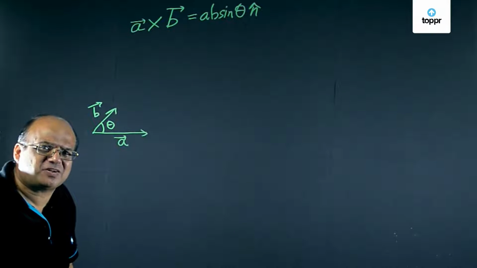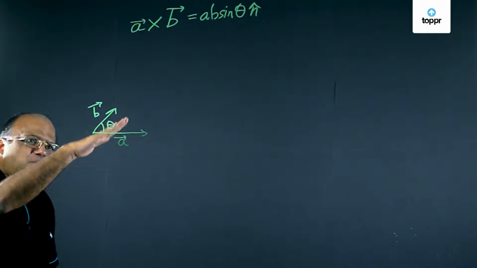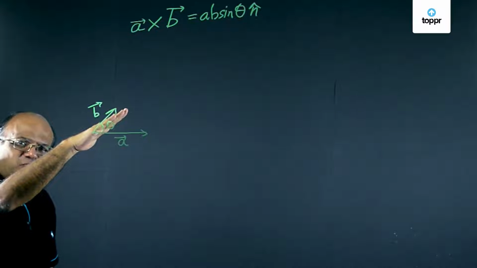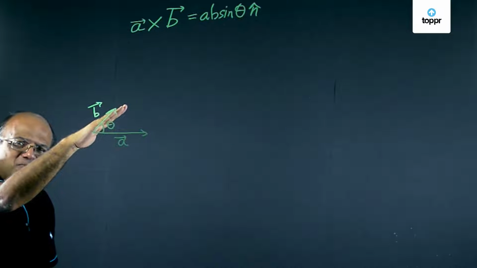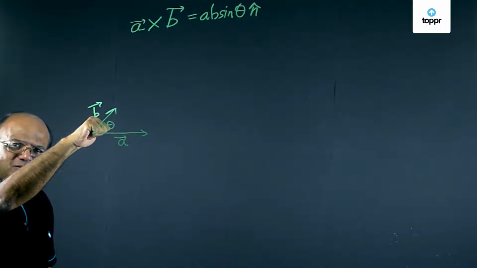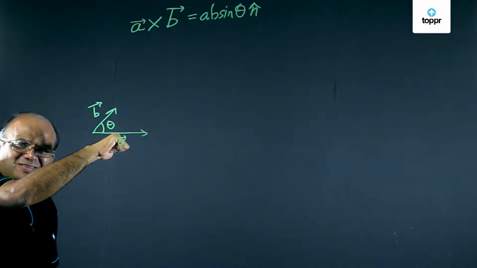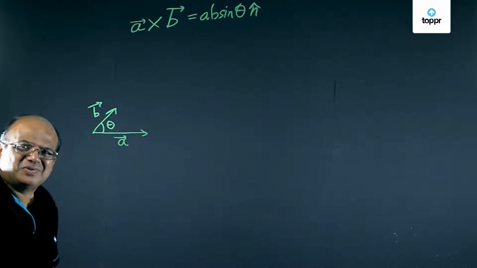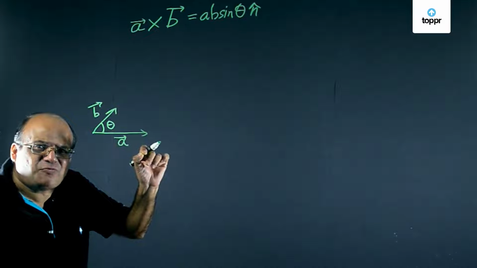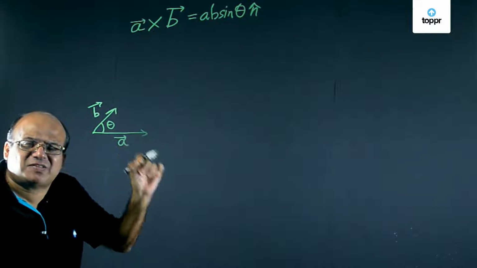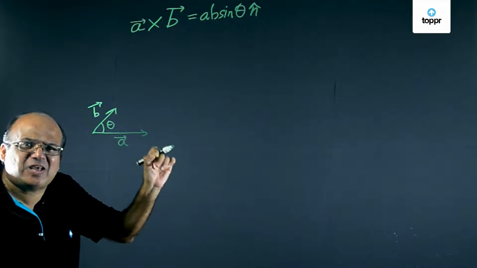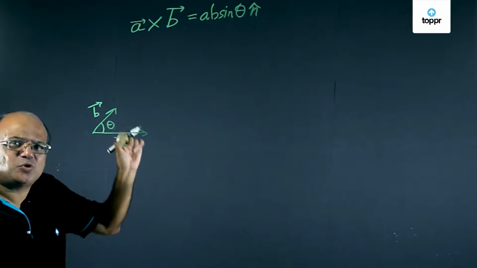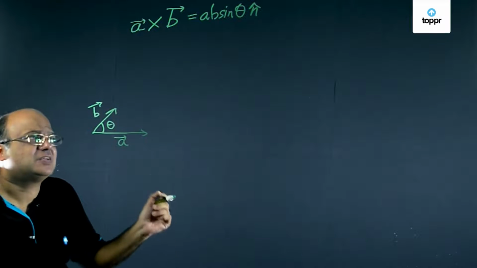What is B vector cross A vector? Now I have to keep my hand like this so that my fingers can easily move from B vector to A vector. Now the thumb is away from you. Therefore, B vector cross A vector is exactly opposite in direction to A vector cross B vector.